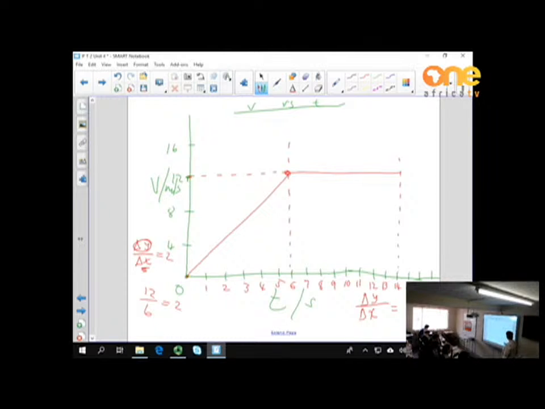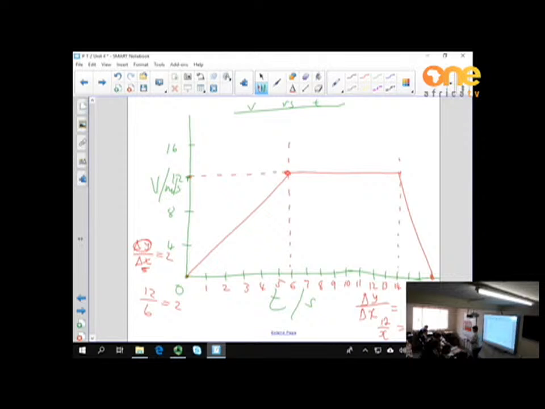Now, we don't have the x, but we do have the y. All right. So what is the change in y? It's from 12 to 0. So change in y is 12. We don't know what change in x is, but it must equal 4. So 12 divided by 4. 1, 2, 3 seconds. There it goes.